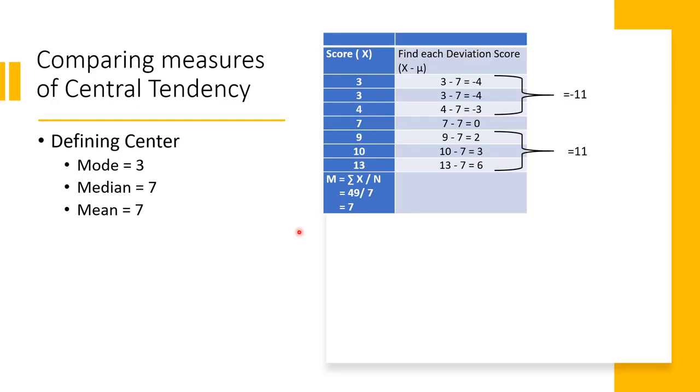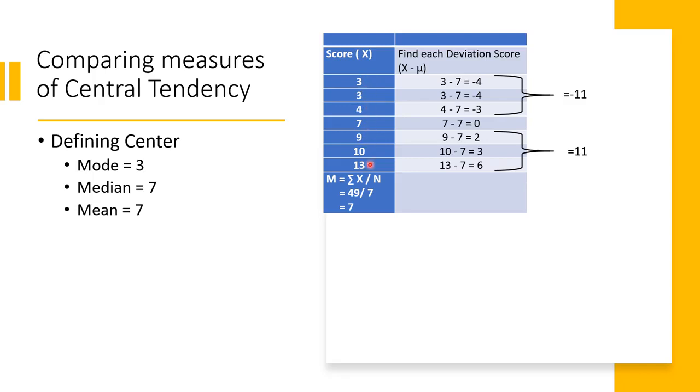Let's talk a little bit more about this defining center with the mode, the median, and the mean. Here I have a distribution of scores, just a list of scores right here. And the mode is, as we said, the most common score. So if you look through this list of scores, you can see 3 is the most common score.